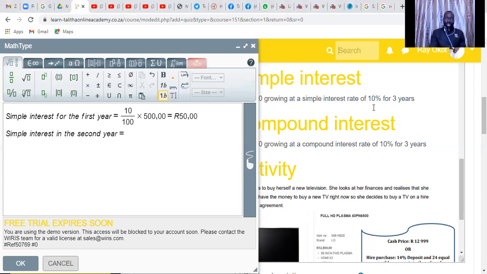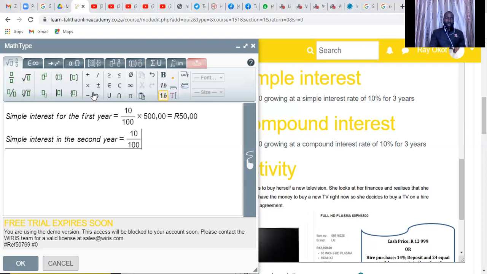Remember, we have been given 10% for 3 years. So in the second year, we'll calculate it the same way. Having 10%, that is 10 over 100, times the initial amount of money, 500. How much is this? Well, 50 rands.